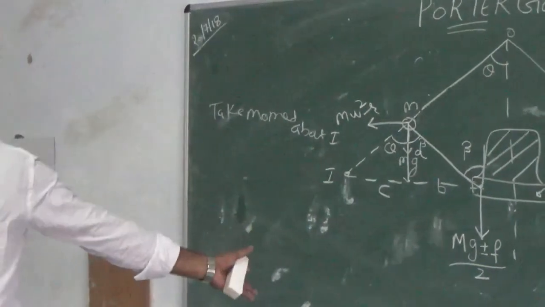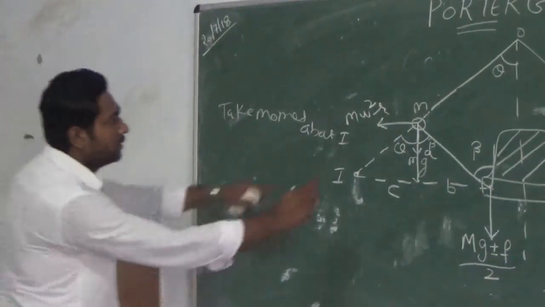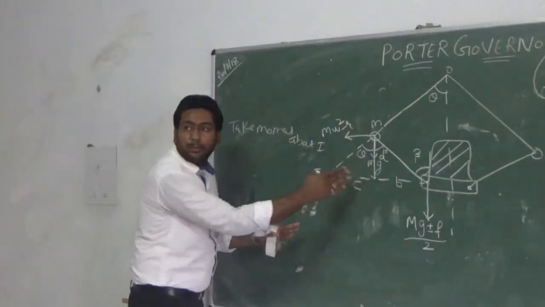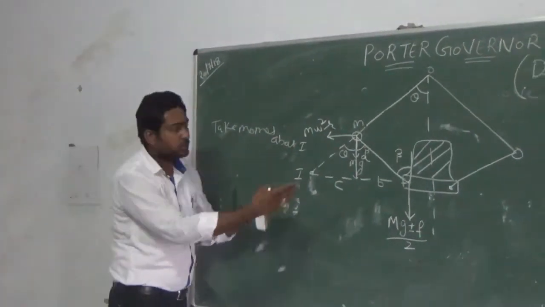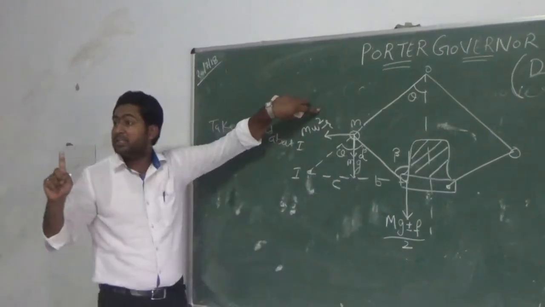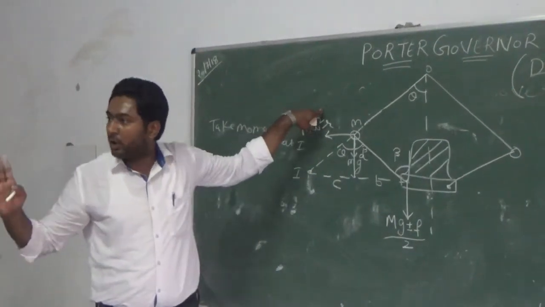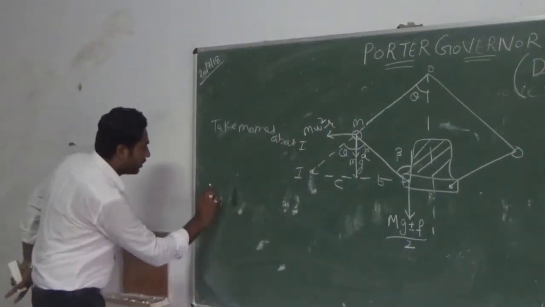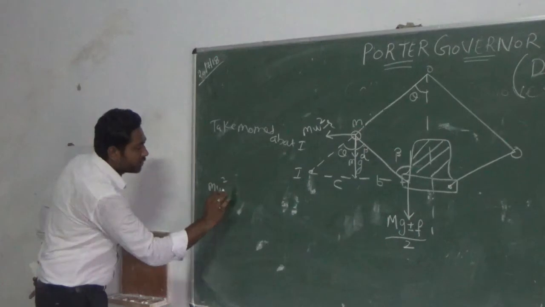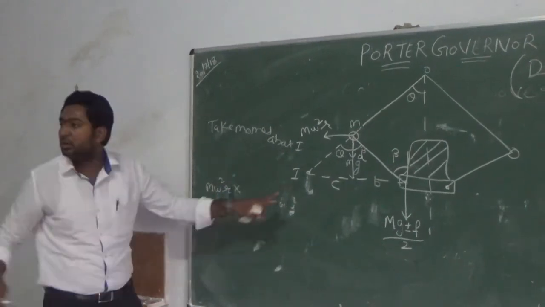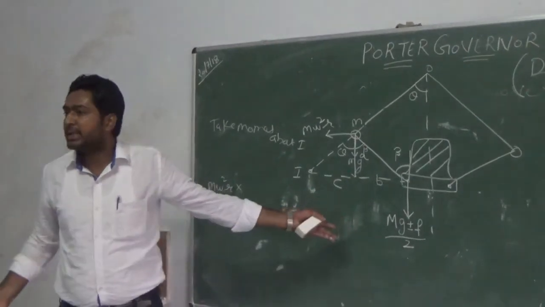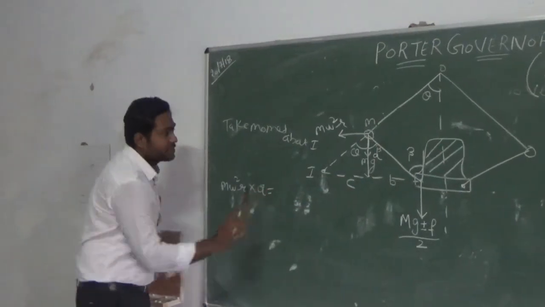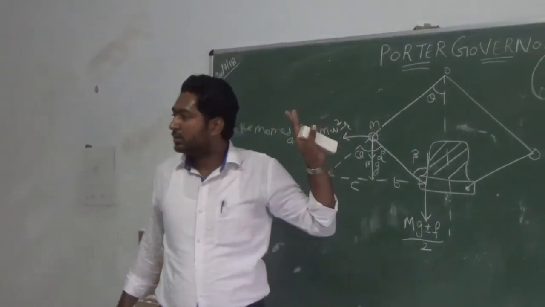What do I write? Horizontal forces into perpendicular distance. So horizontal force is only one, which is centrifugal force, m omega square r. So m omega square r into perpendicular distance A. There is no other horizontal force.